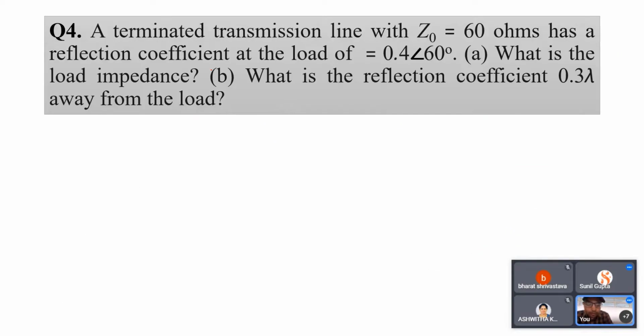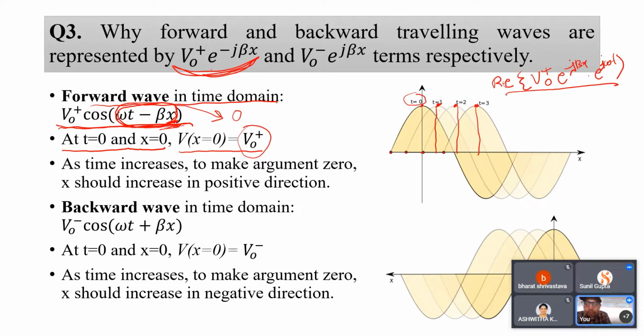Whereas in the backward traveling wave, once you take the time domain form of this term, you will find V naught minus cos of omega t plus beta x. For t equal to 0 and x equal to 0, the voltage is V naught minus. As time progresses, to make the argument 0 here, x should be increased in the negative x direction.